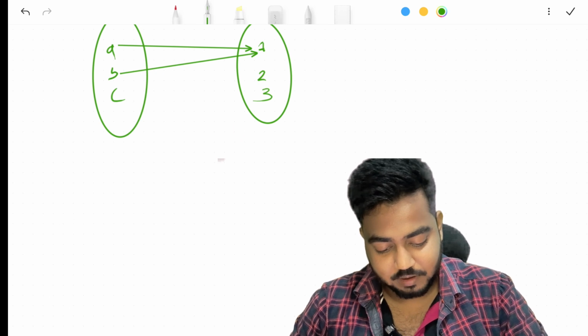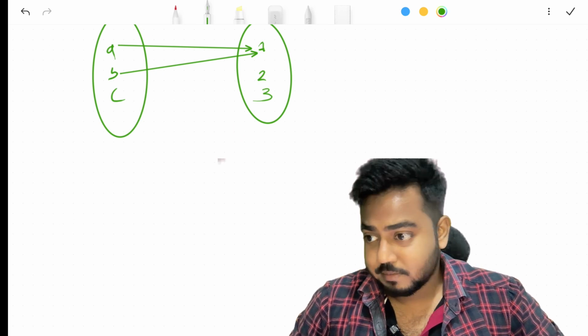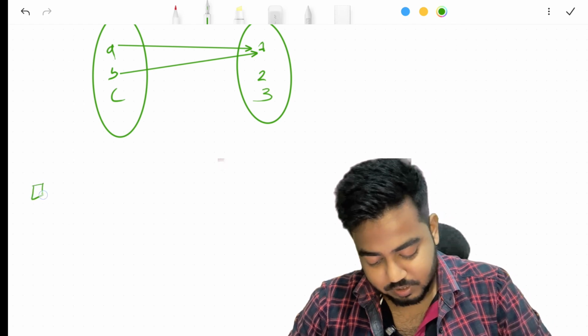Now the next one is the real valued function.